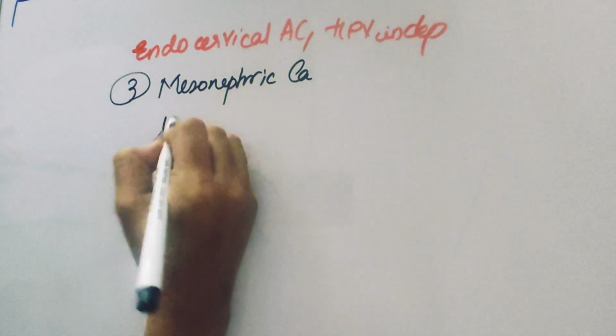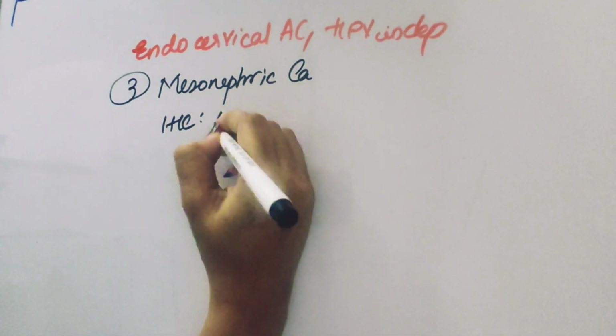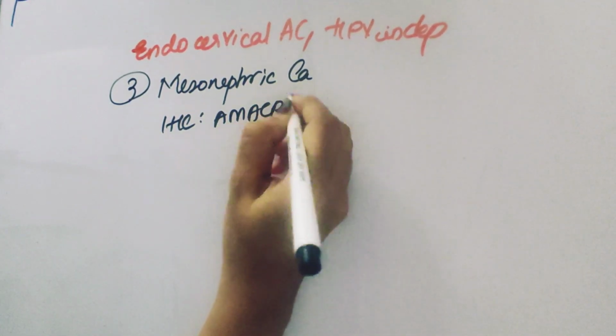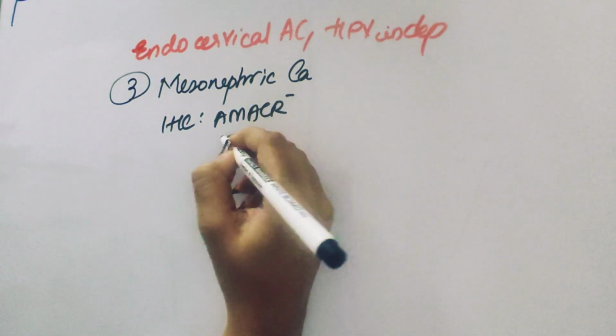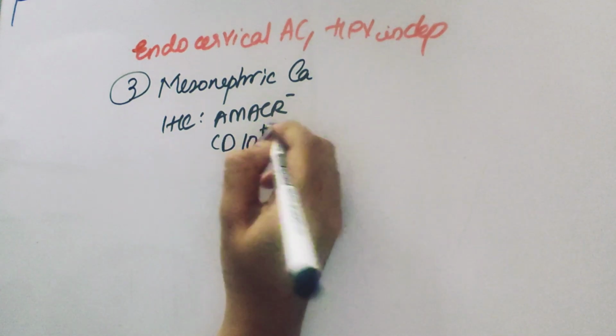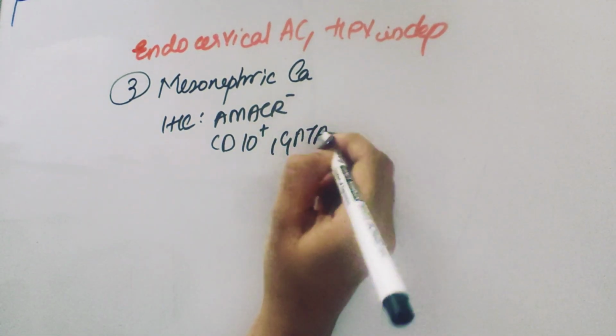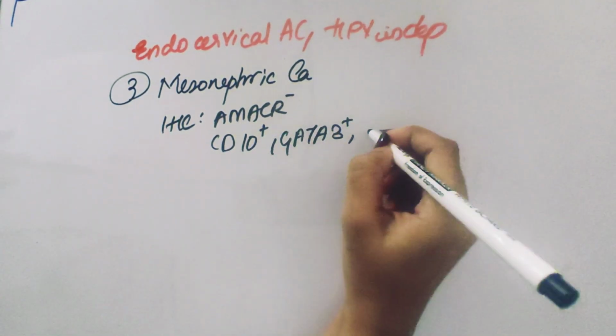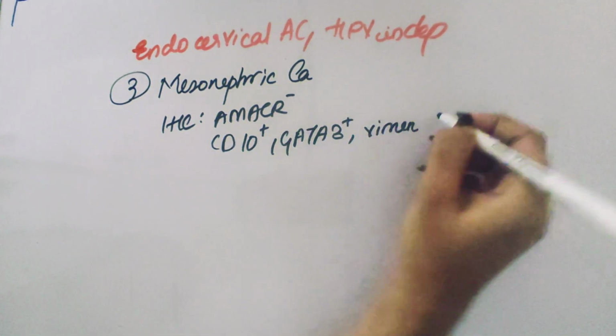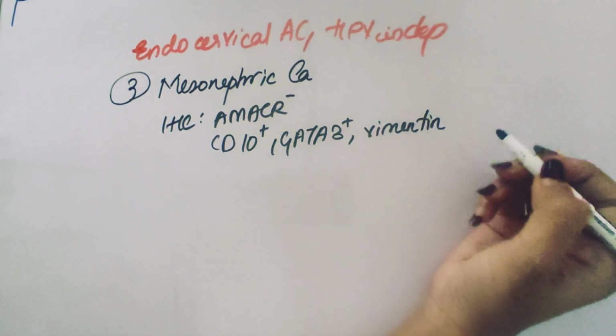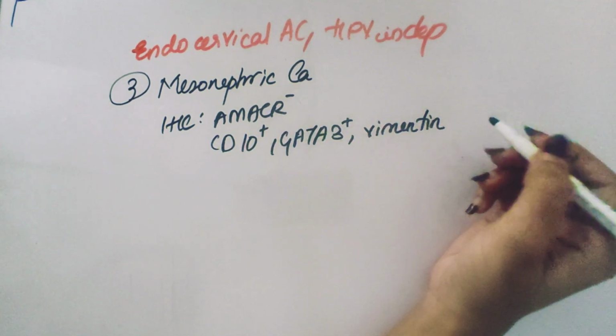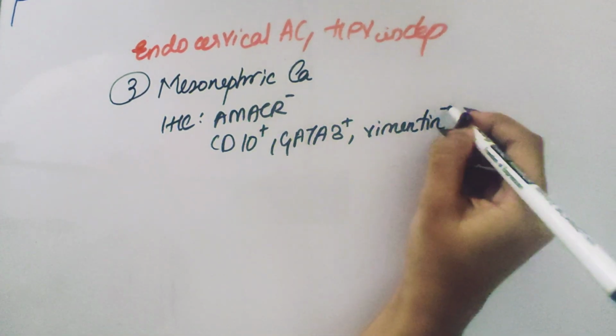Now coming to its IHC, I said a marker negativity, which is used to differentiate it from the clear cell carcinoma. So what is positive? CD10, GATA3. Differentiating from Vimentin is what you say: it was negative in all the other endocervical carcinomas, but here it is positive.